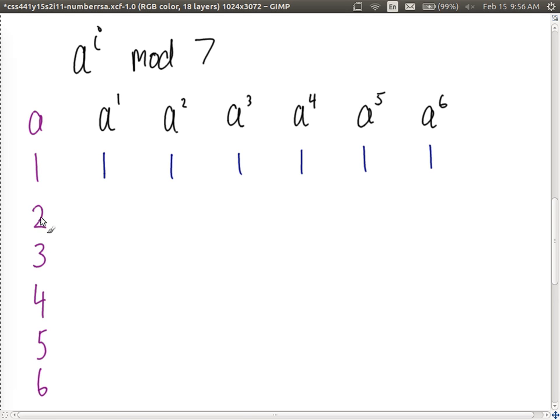If a is 2, 2 to the power of 1, mod 7, is 2. 2 to the power of 2, mod 7, is 4. 2 to the power of 3 is 8, mod 7 is 1. 2 to the power of 4 is 16, mod 7 gives us 2.